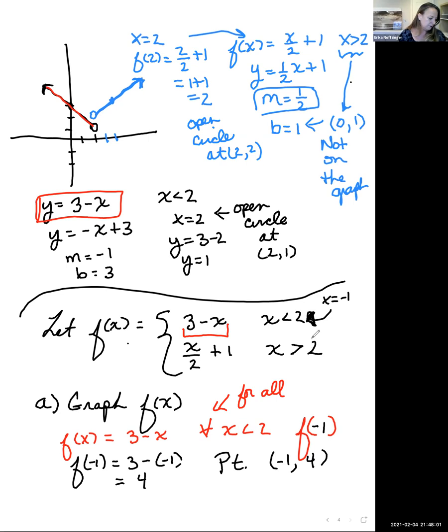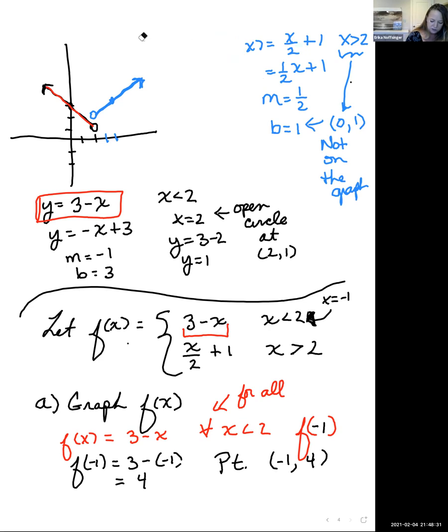Let me just go a little further with this. So looking at this, it says, find the limit of f of x as x approaches 2 on the left and 2 on the right. Okay, so again, the reason they're asking me this is because these are the values at the end values of my inequality. We're given the graph, or we actually graphed it, and it gives us the equation.